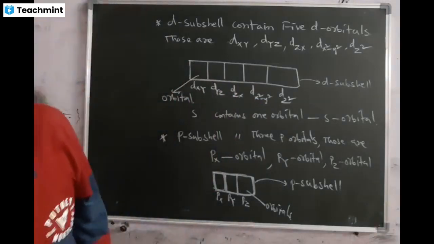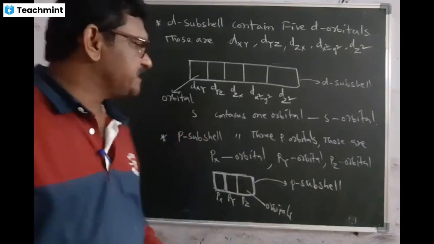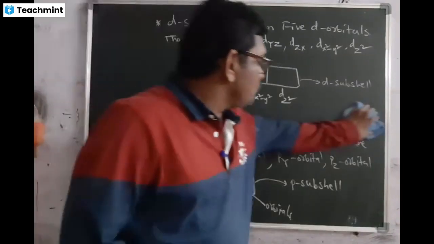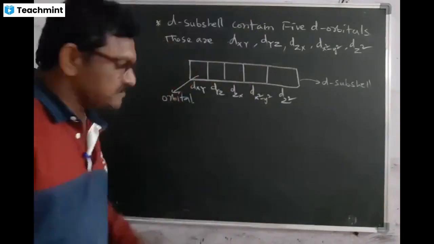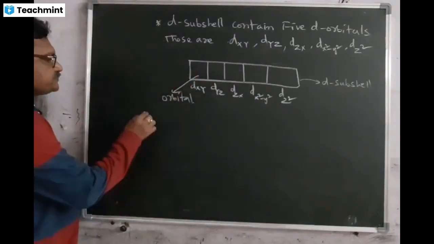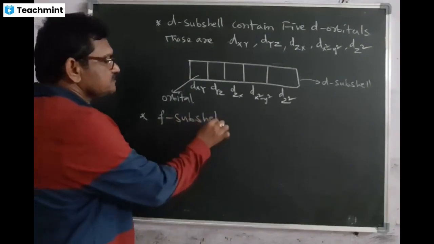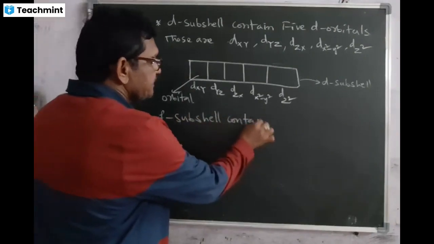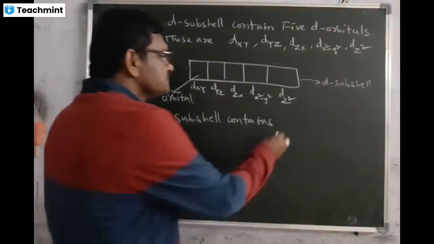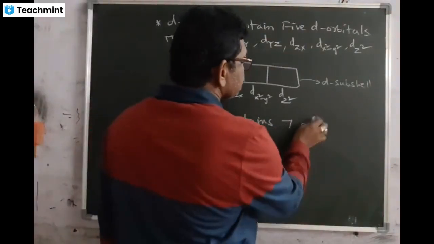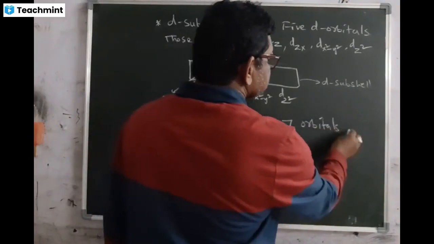Completed your writing? Then one more subcell is there. What is that? F subcell. You write down: F subcell contains seven orbitals.